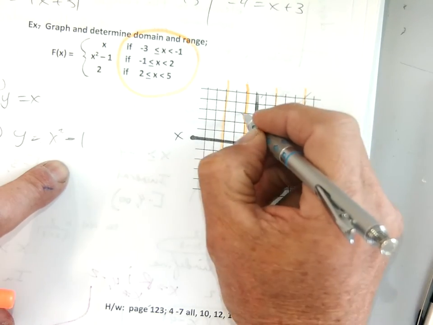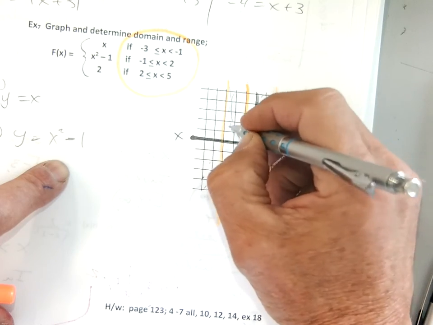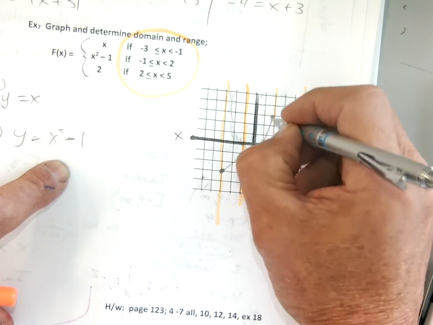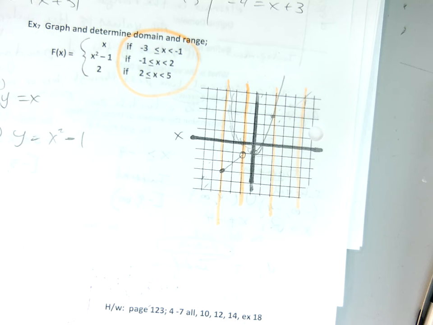So it looks something like this. Except I only want the piece of this graph right there. So this graph only goes between negative 1 and 2, so erase all the rest, okay?